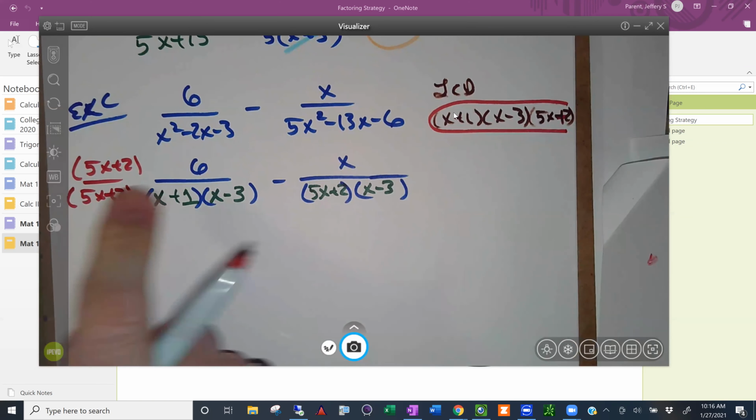Now, let's finish this up. We got a little bit more to do. That negative has to distribute itself. This is going to be 30x plus 12 minus x squared minus x over the LCD.